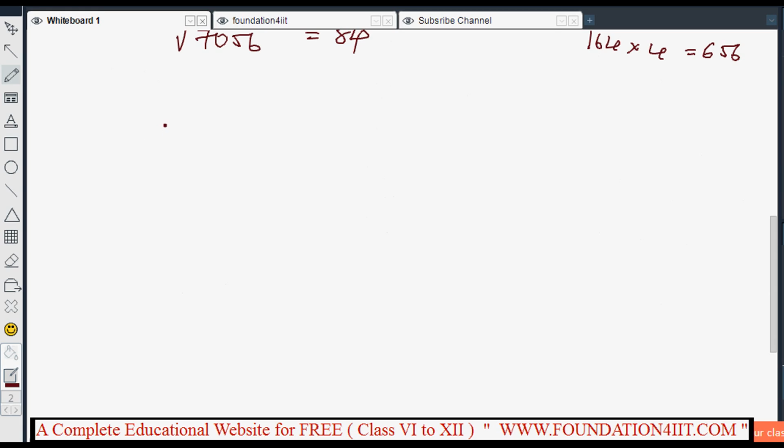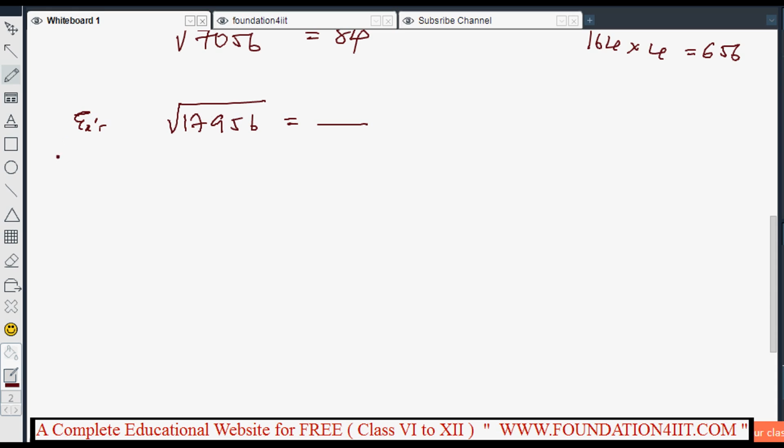I'm taking the number 17,956. Find the square root of 17,956, which is equal to dash. If you use the division method, it's very easy. We'll finish fast.